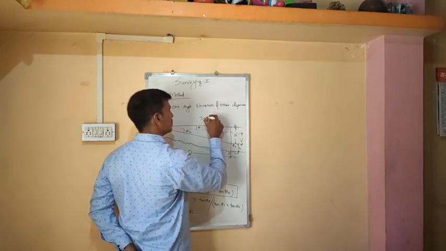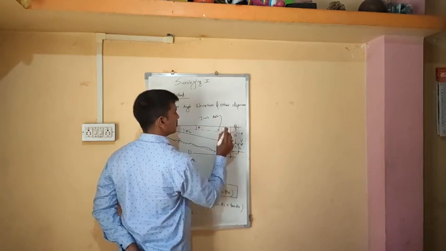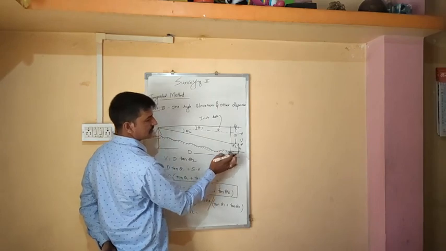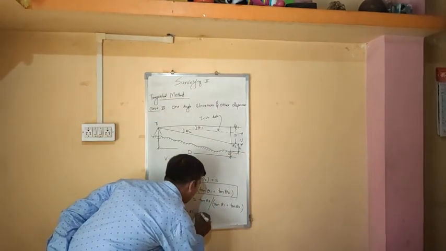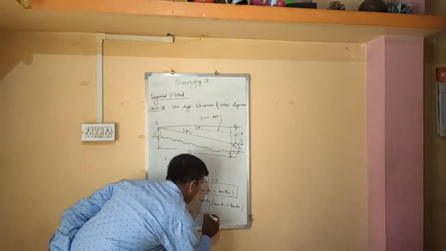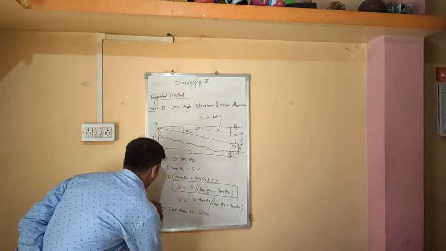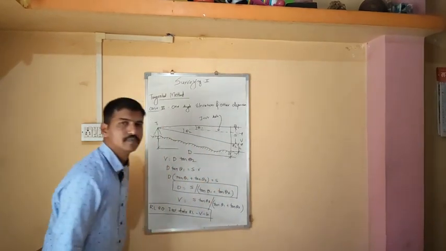This is the instrument axis. Instrument axis RL minus V minus H, you will get the RL of point O. So this is the required equation for finding the RL of point O.